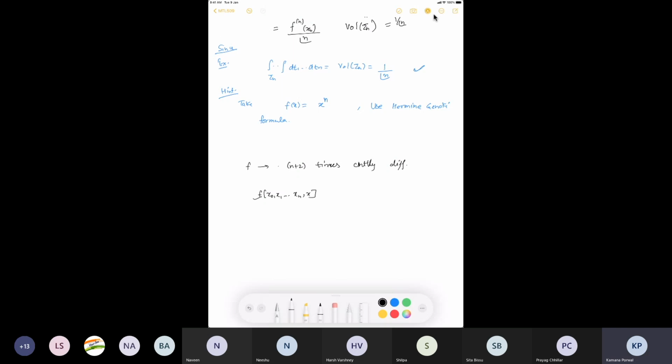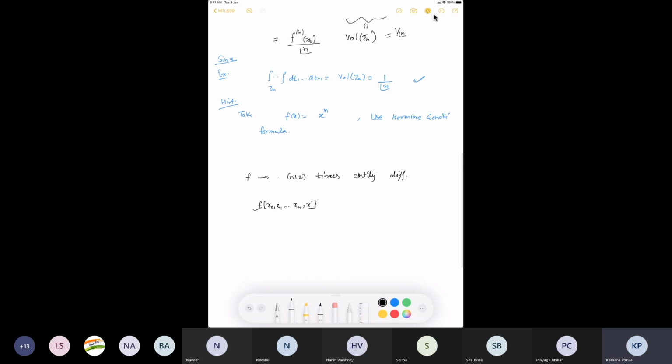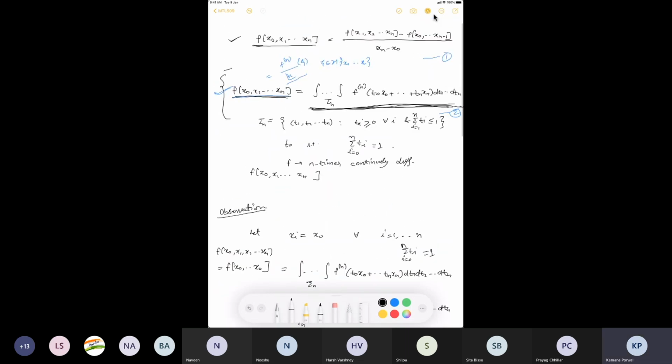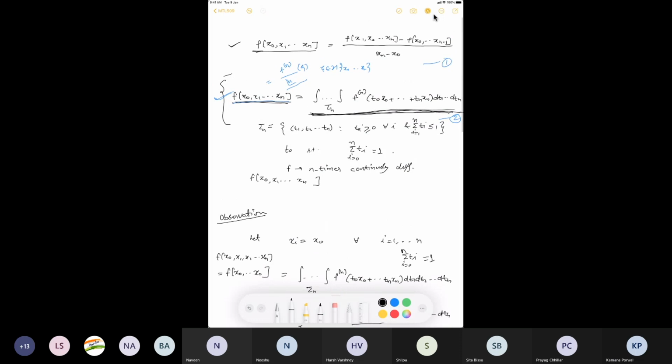So can we say that this function is going to be a continuous function with respect to the variable x? f is given to be n plus 2 times continuously differentiable. So if I try to use this Hermite-Genocchi formula, what will I get?